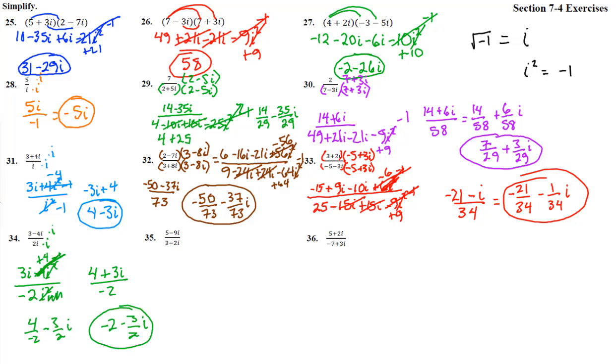All right, number 35. This is a binomial, so we need to multiply by the conjugate. It's 3 plus 2i, multiplying in there, and 3 plus 2i on the top as well.